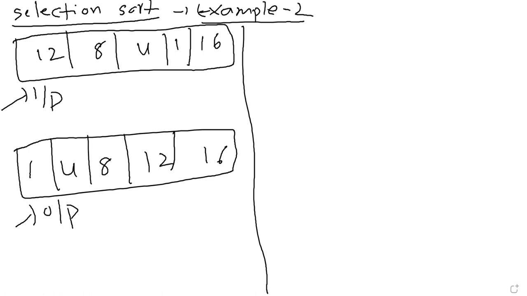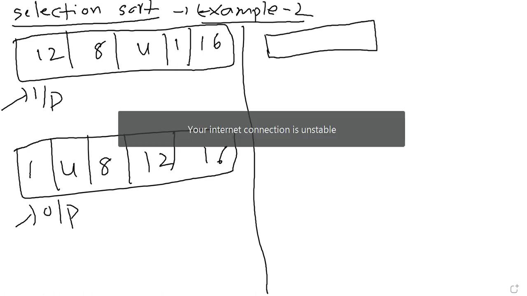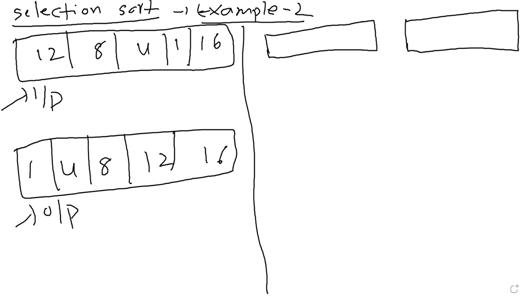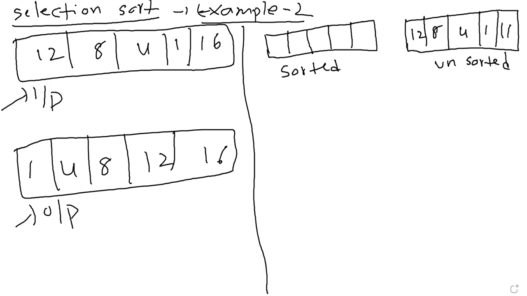So what is the first step in the selection sort? Divide the array into two parts. One is the sorted array and the other one is the unsorted array. So this is the sorted and this is the unsorted. Unsorted consists of elements like 12, 8, 4, 1 and 16.